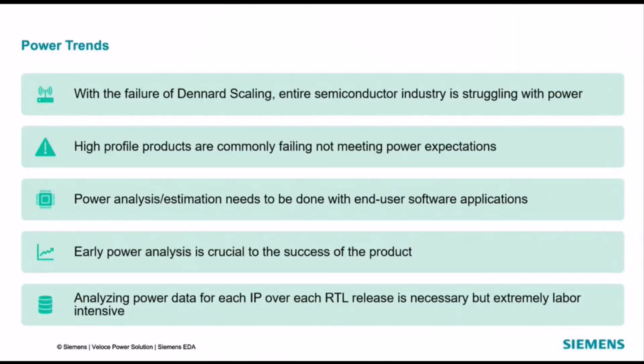Let's look at power trends. No longer do we have VDD scaling with technology shrinkage. Hence, power has become one of the key challenges for the entire semiconductor industry, irrespective of the product family. We commonly hear of failures of high-profile chips in the industry.